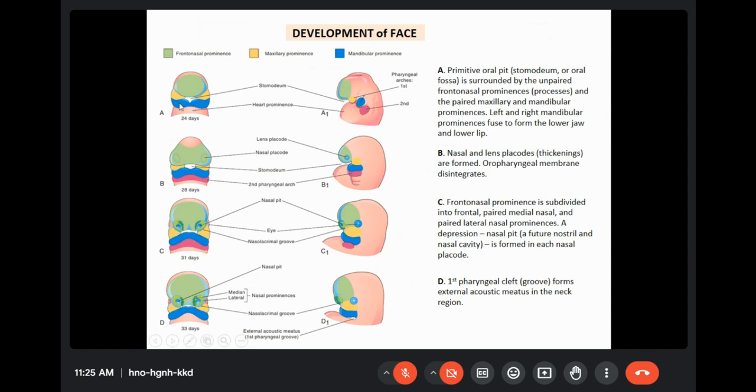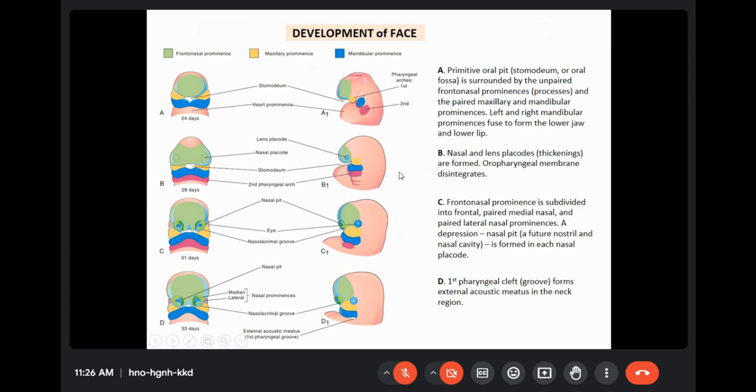Left and right mandibular prominences grow towards the midline to fuse with each other to form the lower jaw and lower lip. At first, mandibular processes were paired like maxillary processes, but here you see their fusion.